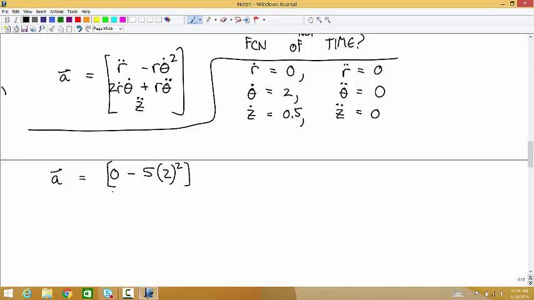Then for the theta component, we have 2 times r dot, which is 0, times whatever, it doesn't matter, plus r, which is 5, times theta double dot, which is 0, so it doesn't matter. And then for the z component, we have 0. So we end up with an acceleration that's equal to negative 20, 0, 0.